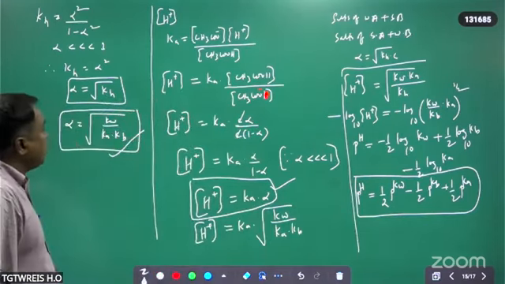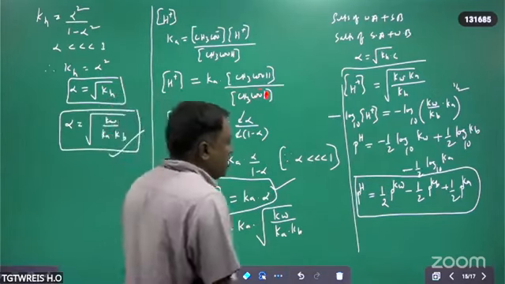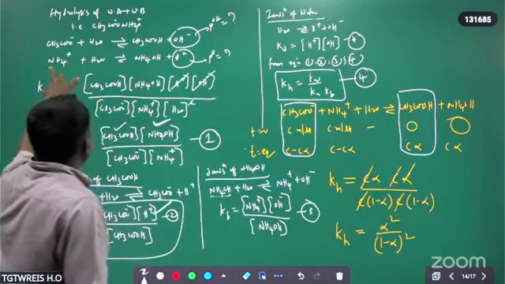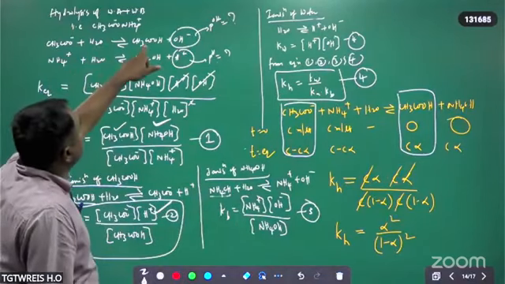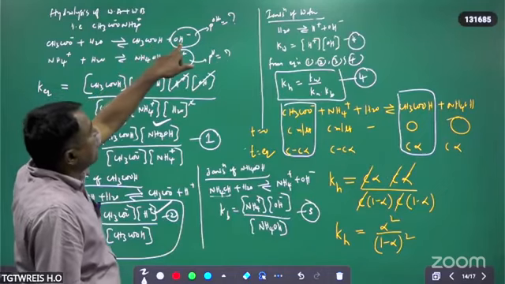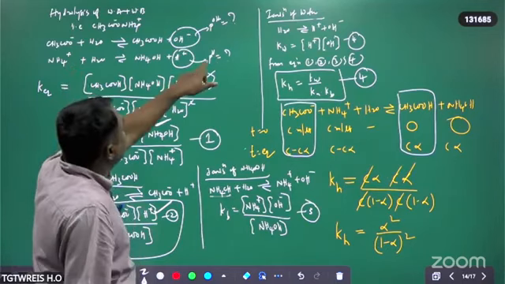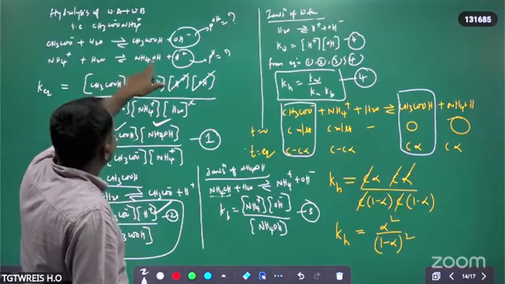Similarly, how can we calculate the pOH of the next solution? So what about pOH? When the ammonium ion dissolves in water, NH4OH is produced along with H plus. We already calculated the pH of this solution: NH4 plus plus water gives rise to NH4OH plus H plus.